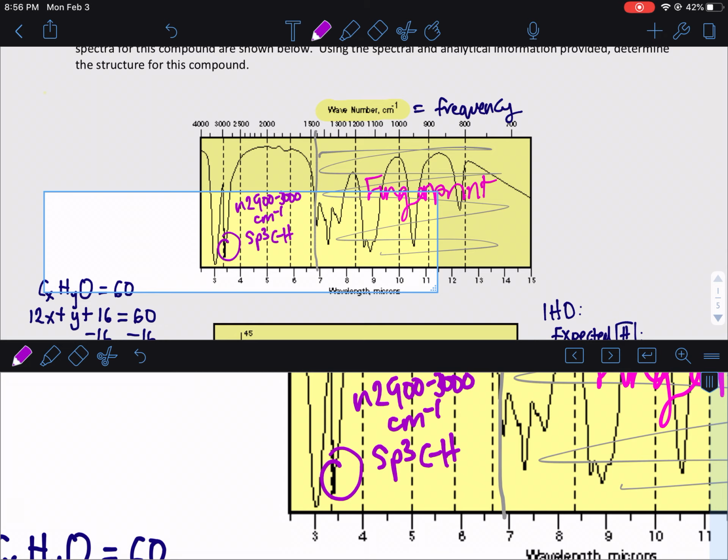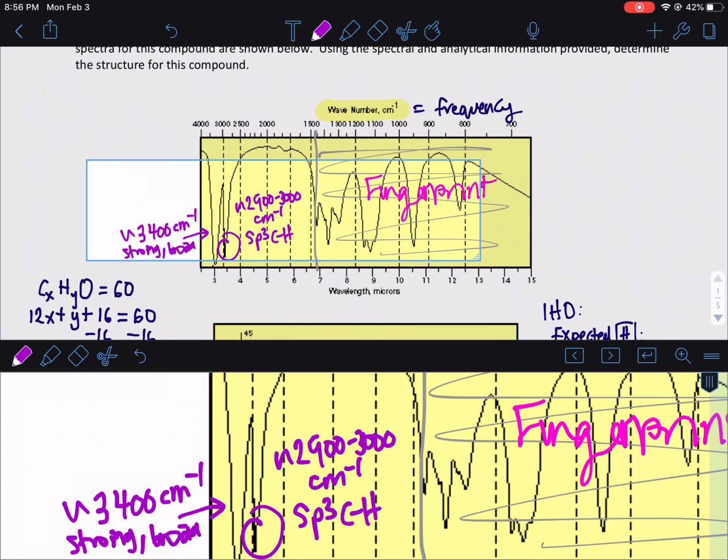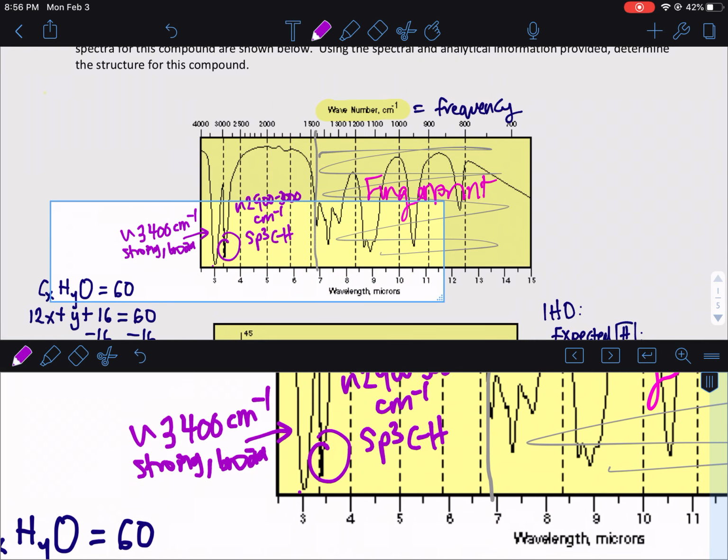We also have this other peak at about 3400 centimeter inverse. That is indicative of an alcohol because it's strong, meaning it's quite a long peak, and it's broad. If you look right here, it joins with the sp3 CH peak, so that means it's broad.